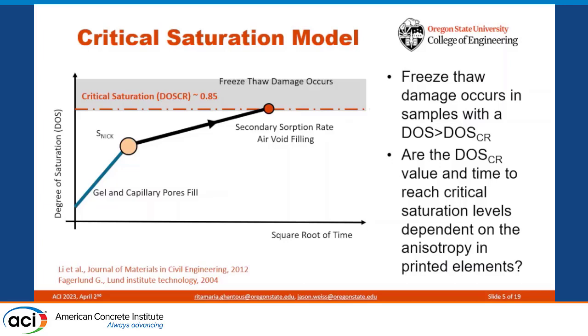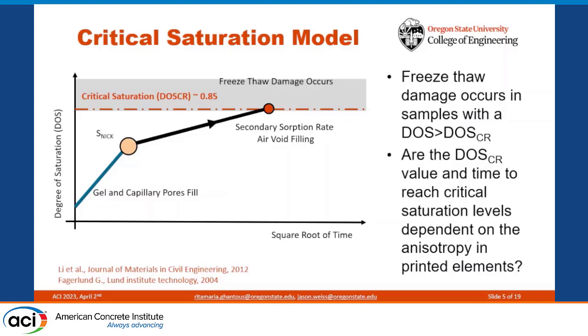And then the air voids will start to get filled until we get to the critical level of saturation, which we call DOS critical. Above that value, the sample will develop freeze-thaw damage, while when the DOS of the sample is below that critical value, you will not see freeze-thaw damage.